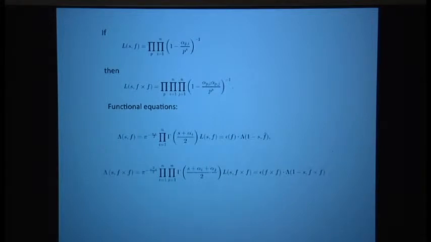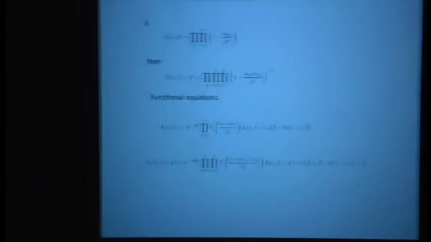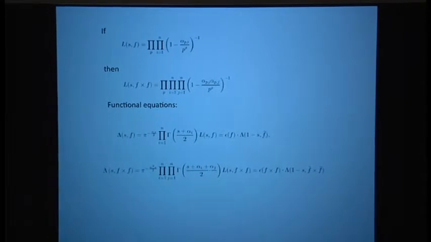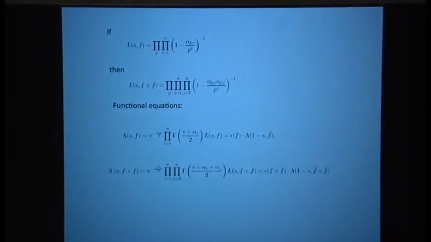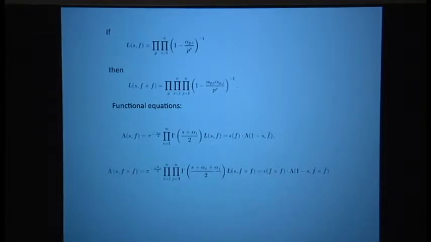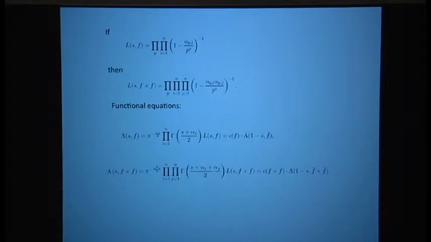If f is a cusp form on GLN, its L function has an Euler product, and it's a degree n L function. And then we define the Rankin-Selberg L function by such an Euler product. So it's L of s, f cross f. It's not f cross f tilde.